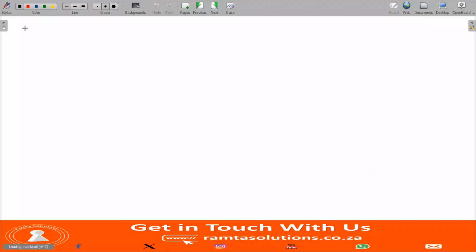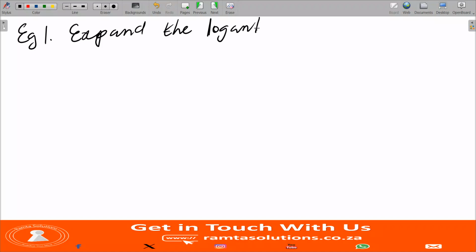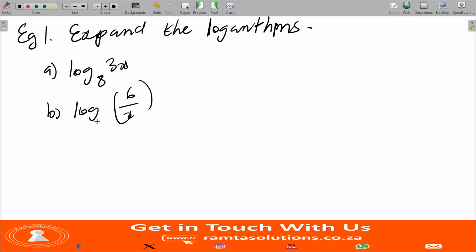Let's see. Example 1, expand the logarithms. A will be log 3x base 8. B will be log 6 over x base 8.